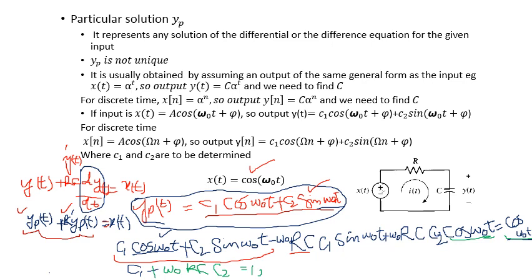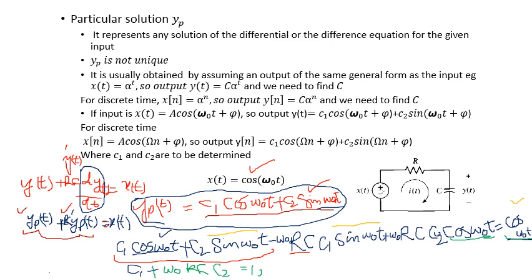Similarly, for the coefficients of sine omega naught t, let me highlight it with orange. On the right hand side there is no sine term, so we can say there is a sine term with coefficient equal to 0.